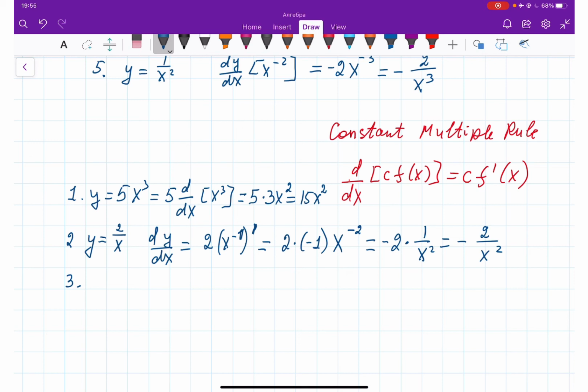Next one, f of t is equal to 4t squared over 5.